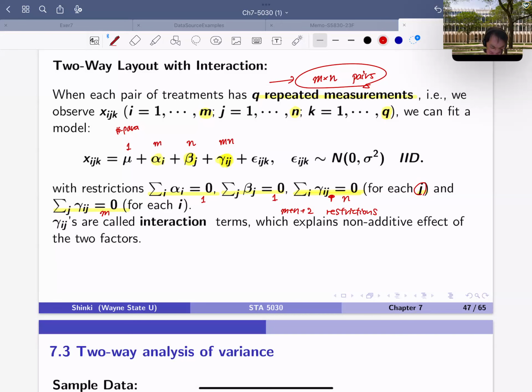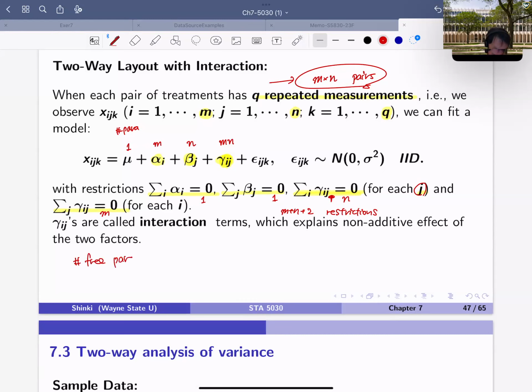So originally we have the parameters. Now we count the number of free, independent parameters. So 1 plus m plus n plus mn, but we have restrictions 1 plus m plus n. And actually this becomes mn minus 1, so 1 smaller. This happens because among the conditions, the summation of gamma ij equal to 0 for each j and for each i, one is redundant.